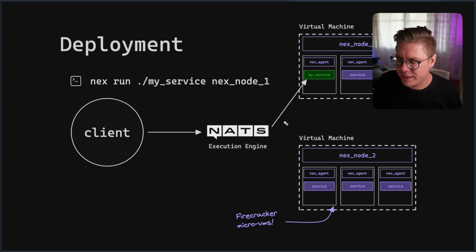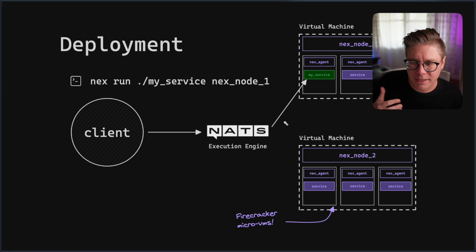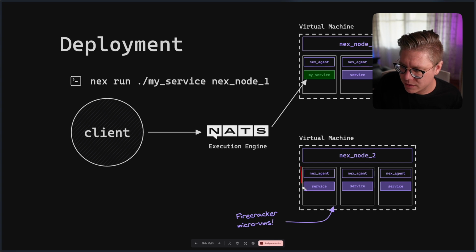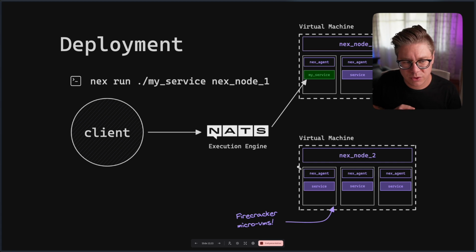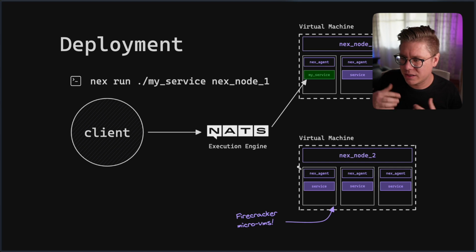And so it's a very easy way to just place workloads in those nodes, to collect logs about them, to set environment variables for them, and to run them in a safe environment because all of these are run inside of Firecracker micro VMs. So for those who are building applications that are multi-tenant, that need that strict layer of isolation, or building a serverless platform, the NATS execution engine actually gives you so much out of the box with very, very little infrastructure.